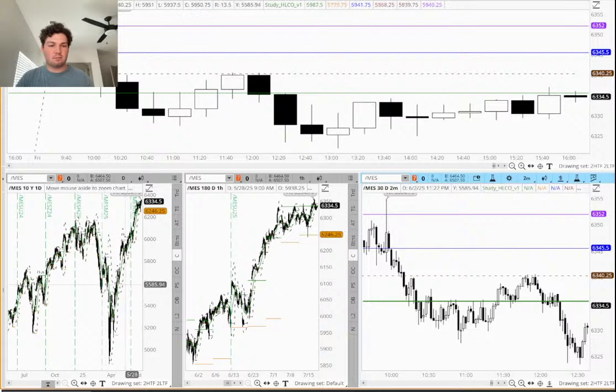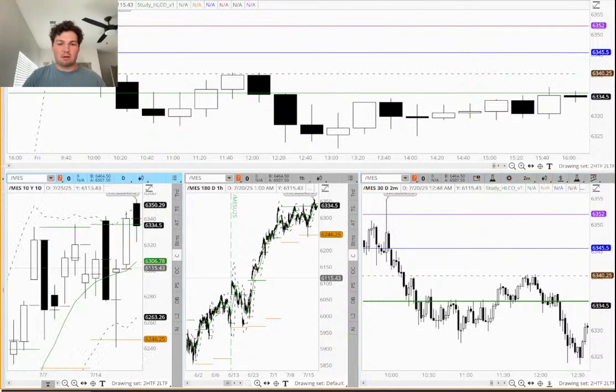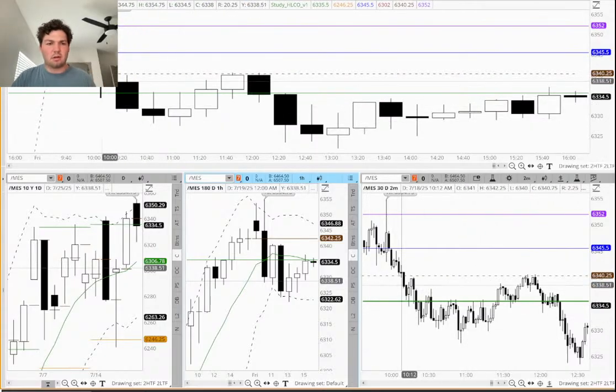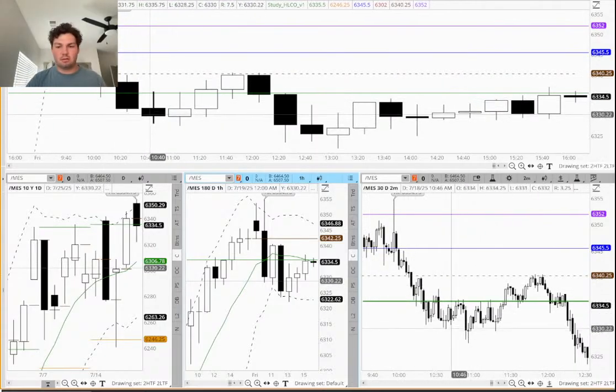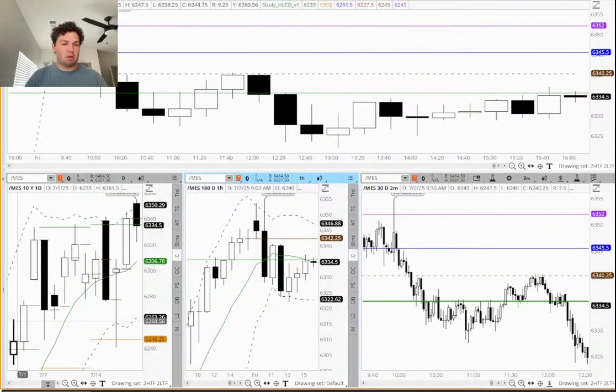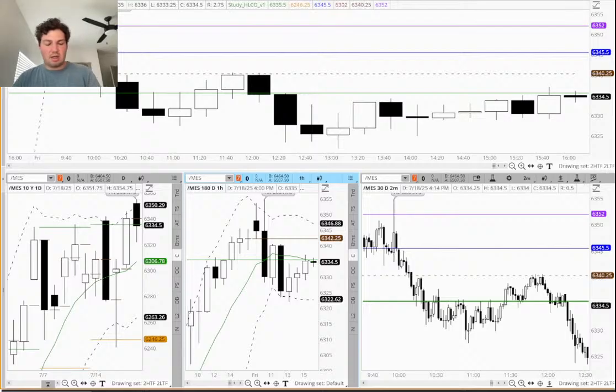The market comes back, stops us out. We enter around here, down here, then it comes back in and stops us out. So two losses on the day. On 7/18, we made 1.6 R, by the way.